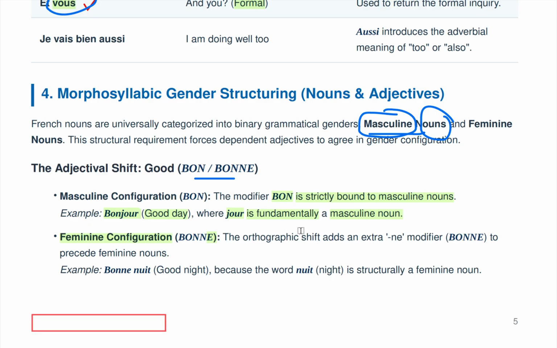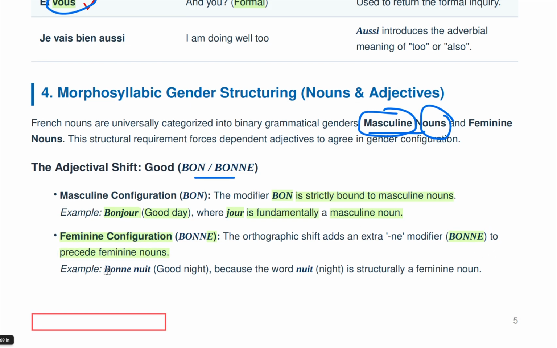Here we have added ne, so bonne, when ne is added at the end, it means it is a feminine noun. We had written bonne nuit. Bonne nuit means good night. Nuit means night and nuit is nothing but feminine. That is why we have used bonne here.